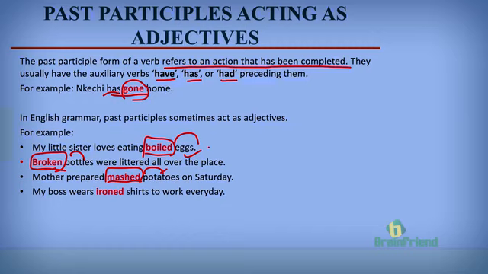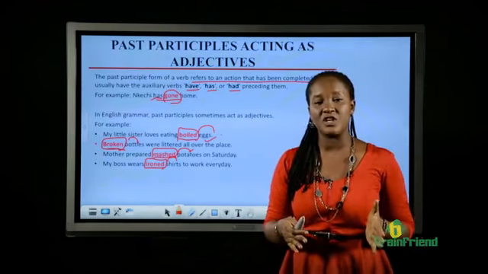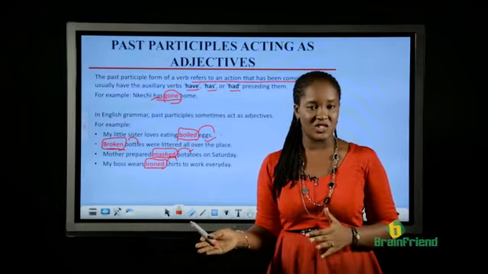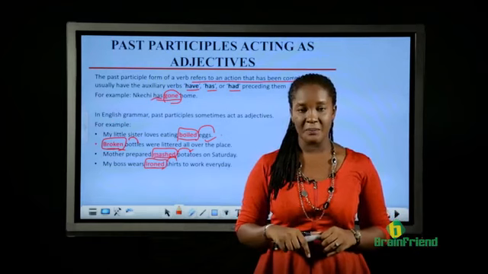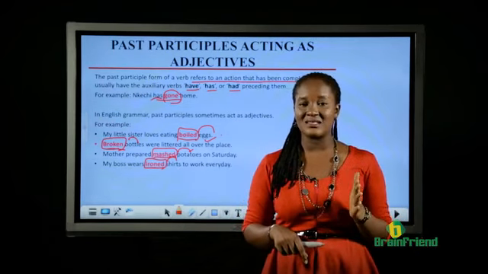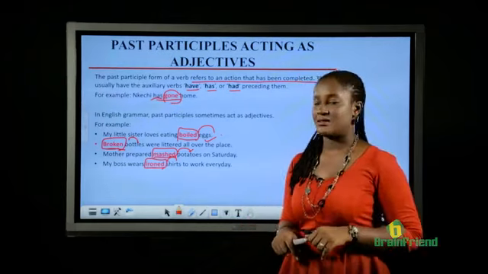And lastly, my boss wears ironed shirts to work every day. Ironed is a past participle verb which acts as an adjective by describing the noun shirts. So in these sentences, we find past participle verbs playing the role of adjectives by describing the nouns that follow them. So past participles that act as adjectives are also components of sentences.